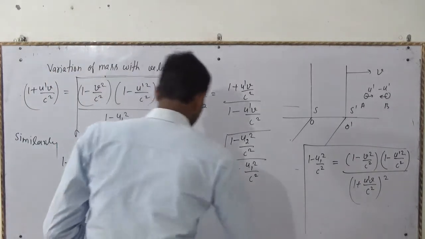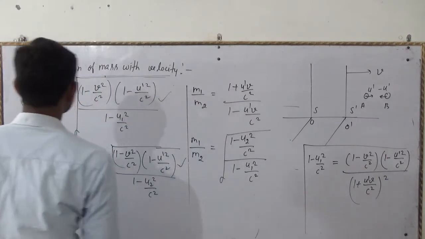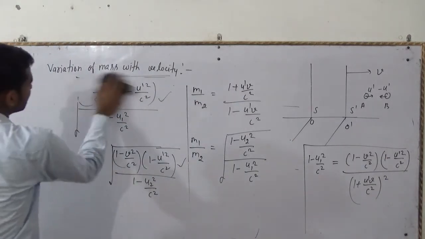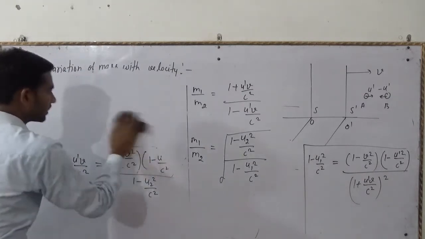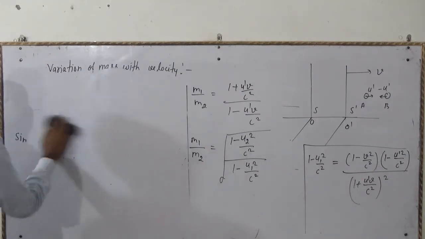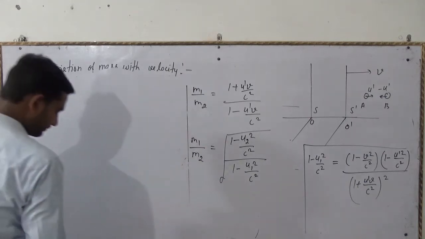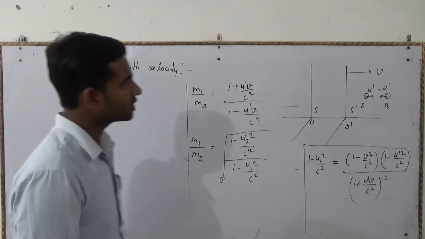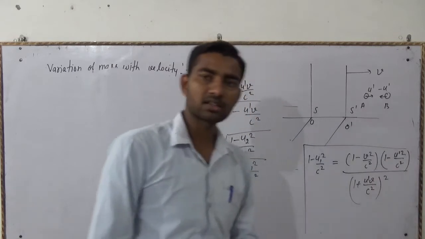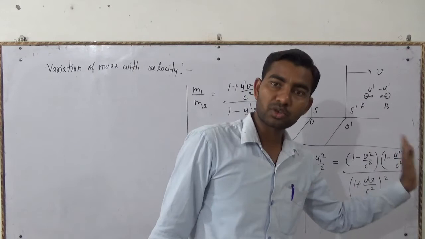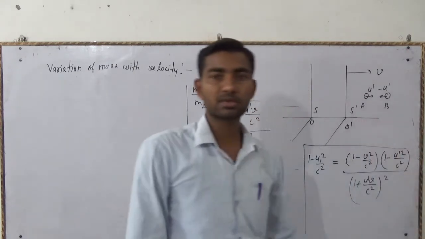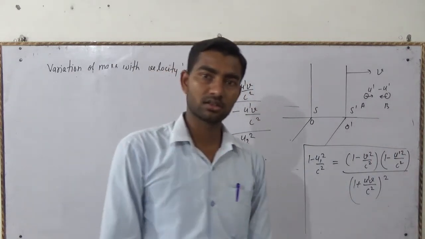Friends, remember, please listen to me very carefully. Now here we are considering a condition. Here we have assumed two identical particles A and B. Particle A is moving along the positive x-axis and particle B is moving along the negative x-axis.